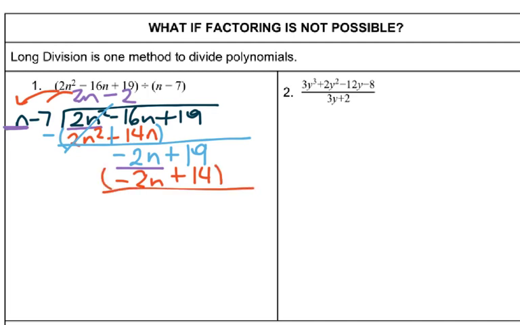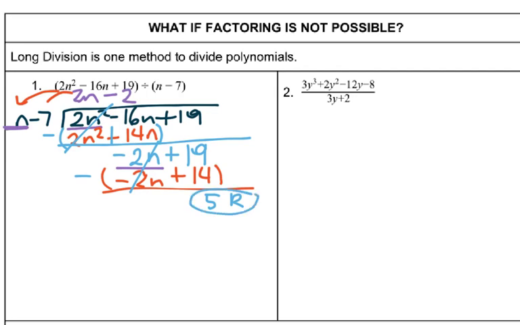I'm going to subtract again. Negative 2n minus negative 2n cancels out. 19 minus 14 is 5. I'm going to label it R, which means 5 is the remainder.